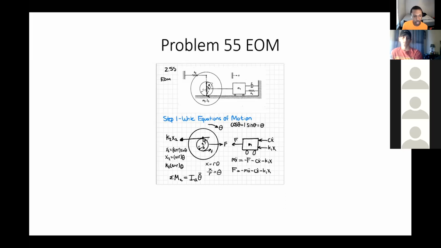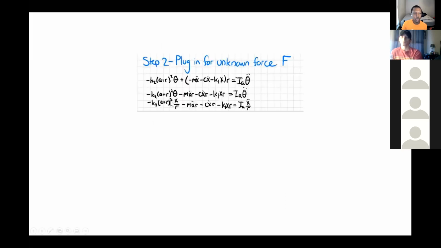And then to take the moment around from the force, it'll just be F times R. Then we move that to here, and you'll see that's what we did. You did K2 times (A plus R) squared, and we plugged in our F here times R equals I_A theta double dot.